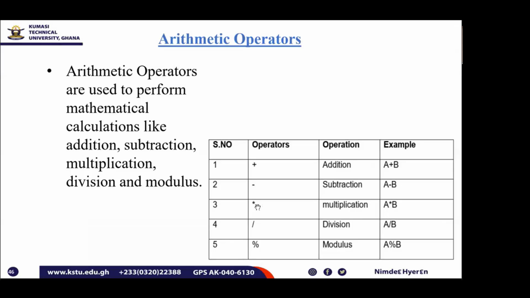Now, an example of doing that is having A asterisk B. That means that A is multiplied by B. Then we have division.